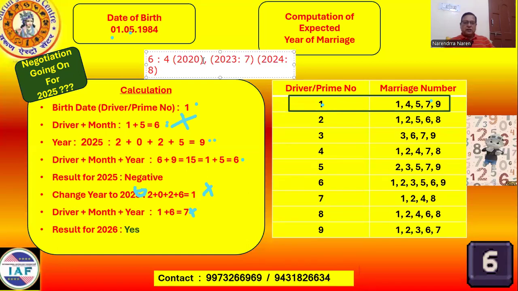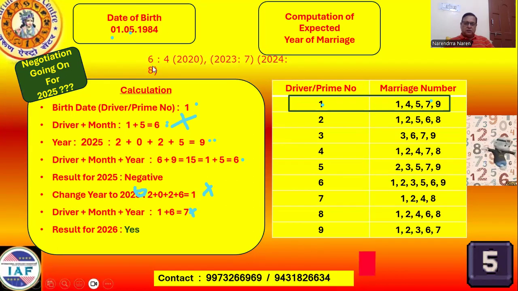So many opportunities came in the life of the native, but it was missed for some reason or other. 2023 was also perfect, 2020 also was perfect, but for some reason the marriage could not solemnize, or the karma was not done properly, and that's why this marriage could not solemnize. So marriage is already over delayed here.